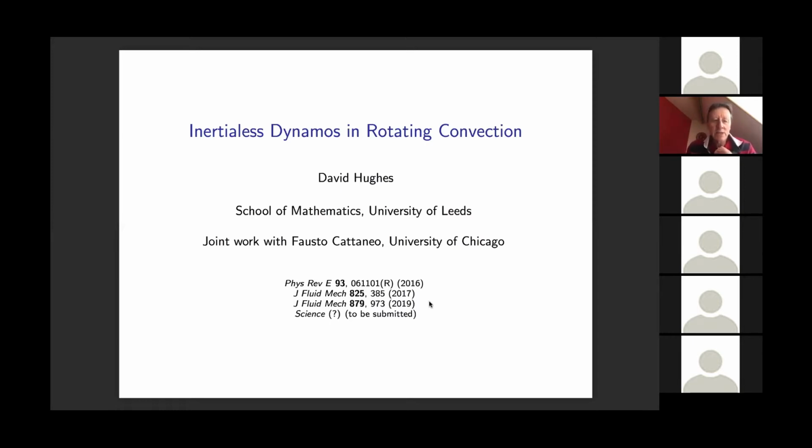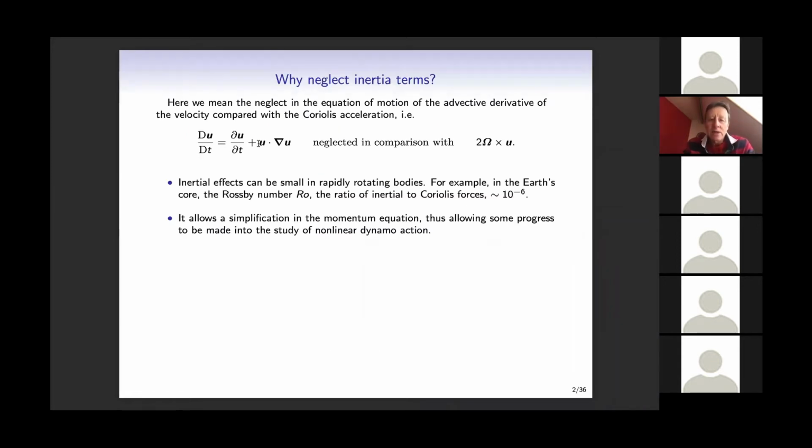Okay, so let me tackle these various words in the title first of all. Let me explain first of all exactly what I mean by the neglect of inertia, because it can mean a few things, I think. I'll say why we do this, but let me just say what it is for the minute.